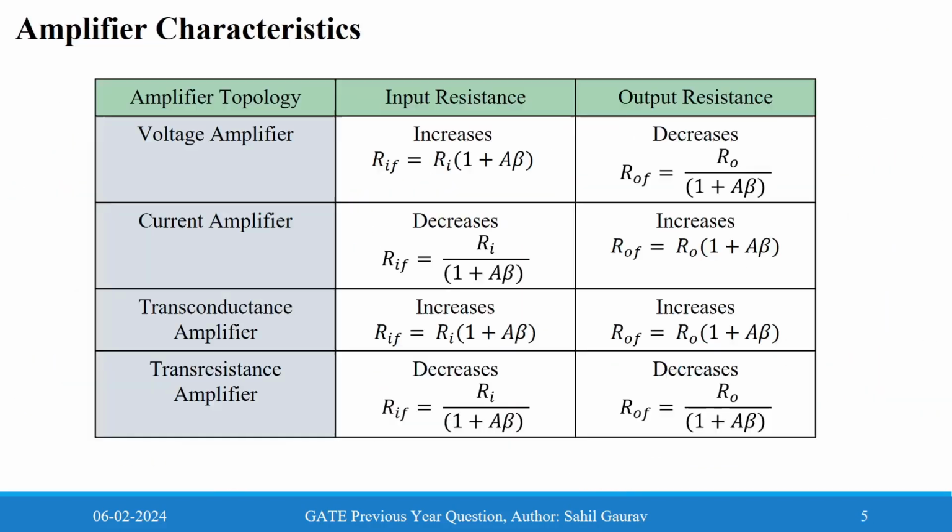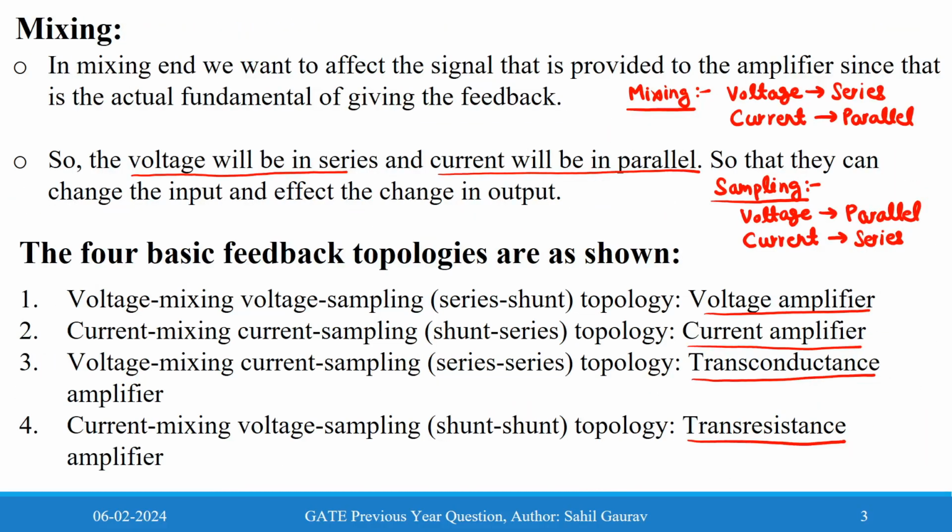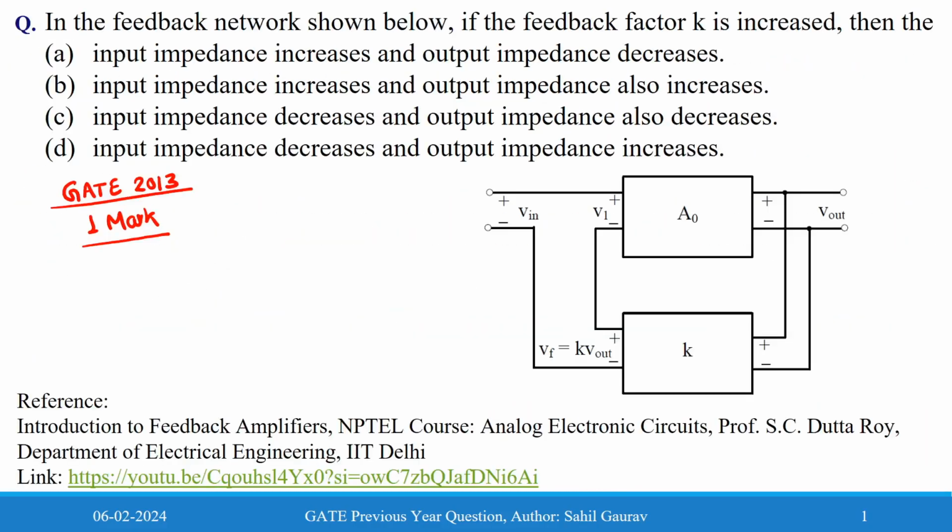Now, this is the summary for the amplifier characteristics. Now based on this summary, we will solve the problem. So let us come back to the problem. Here we can see that voltage is sampled at the output. Voltage sampling is done in shunt connection.